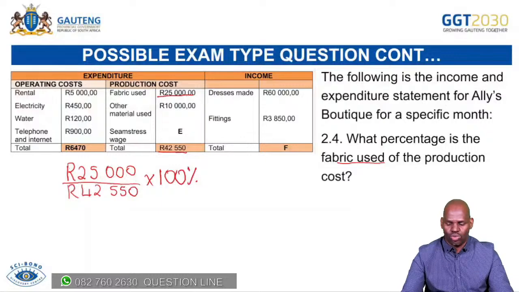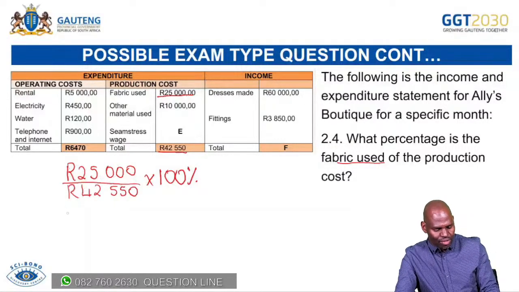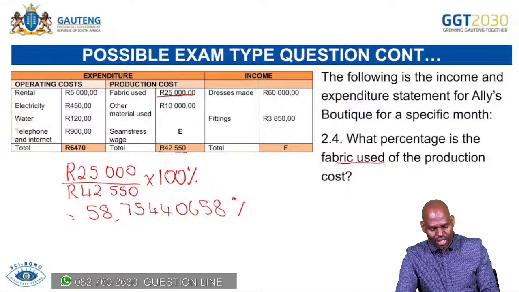So on your calculator, you say 25,000 divided by 42,550. Then we multiply it by 100. So if we multiply it by 100, then we get 58.75440658, and then it's a percentage.